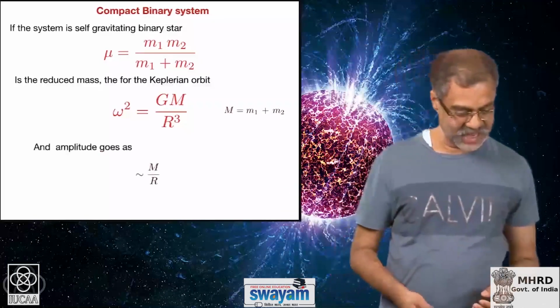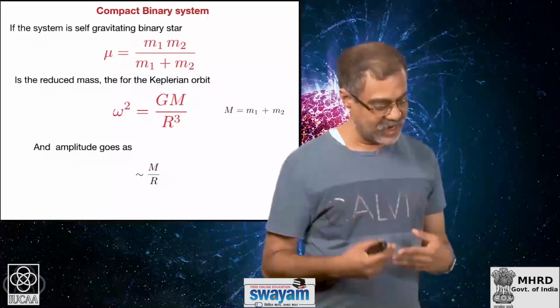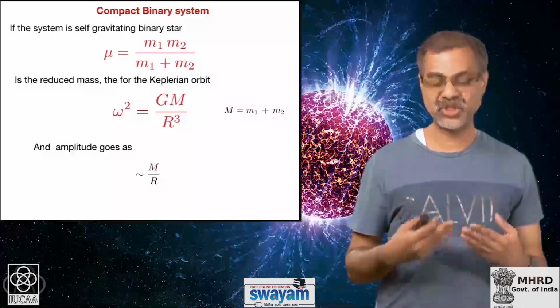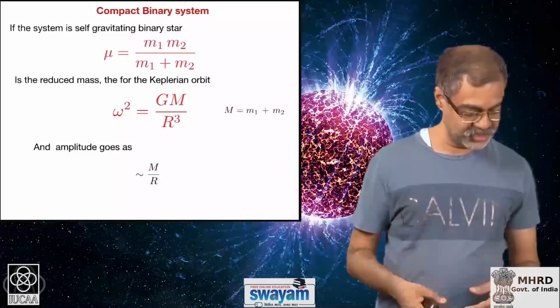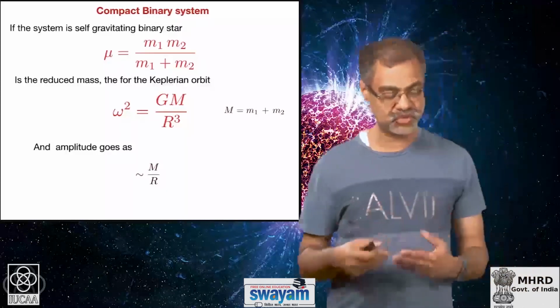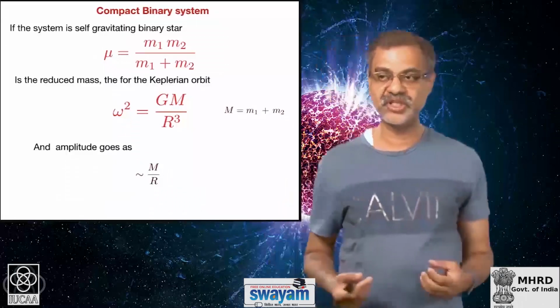Now, we can calculate the amplitude, because omega and r are related through Kepler's law. Then you can show that the amplitude emitted essentially depends on the total mass and the radius of separation between the two stars.